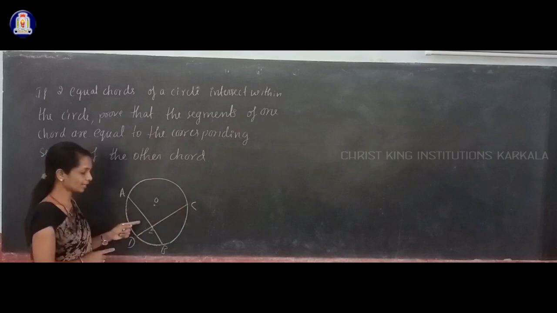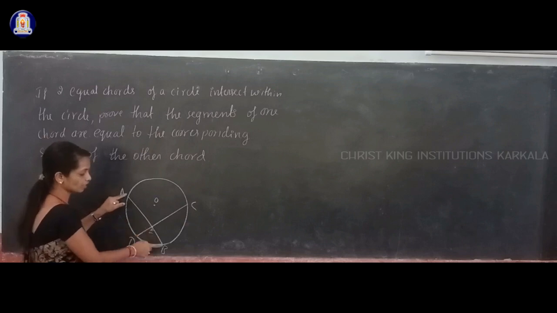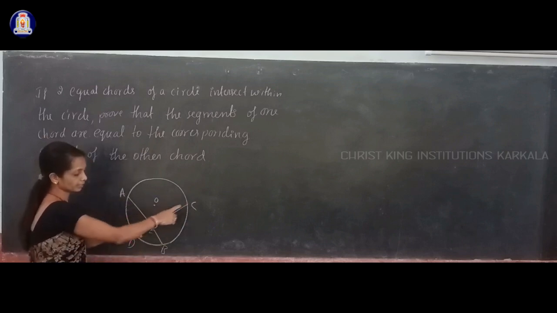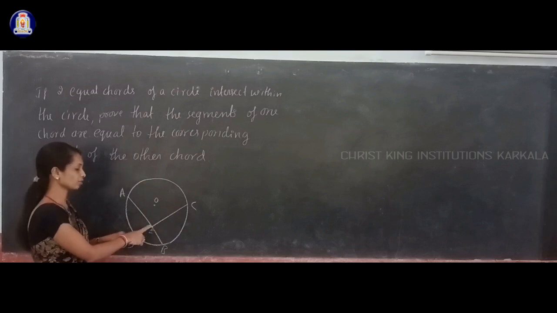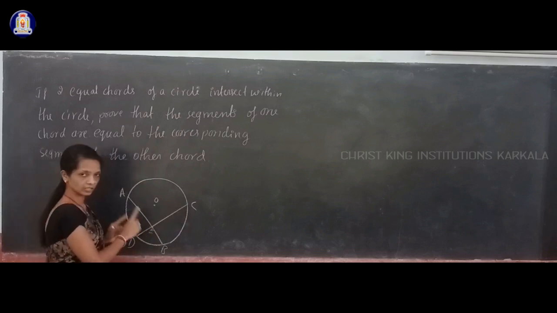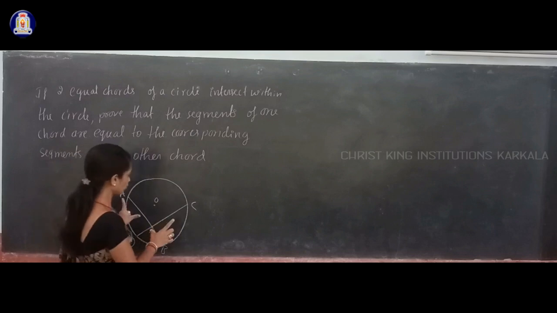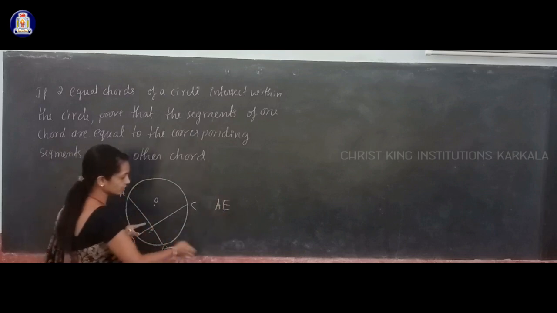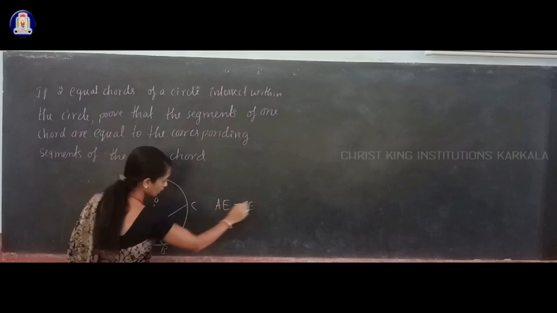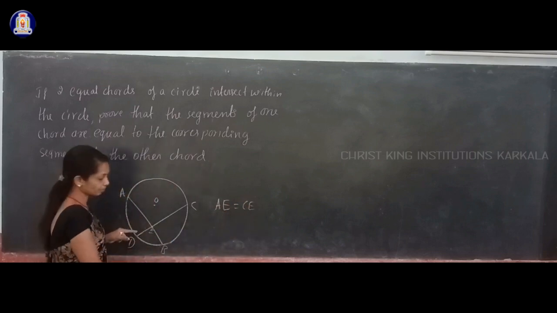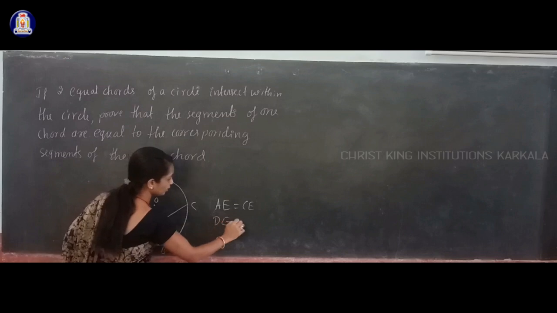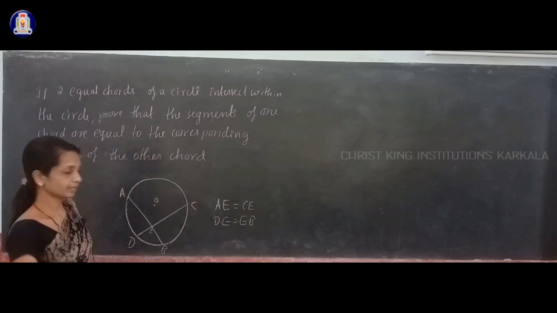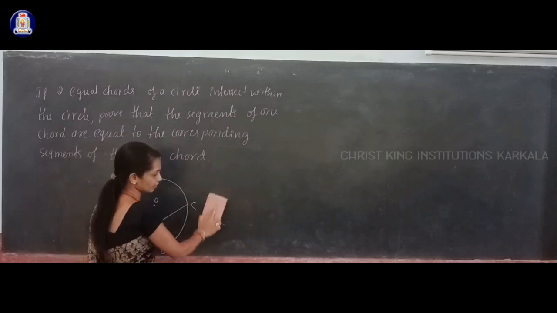You have to prove that the segments of one chord, that is AE and EB, are equal to the corresponding segments of the other chord, that is CE and DE respectively. That is, you have to prove the upper segments AE and CE are equal, and the lower segments DE and EB are equal.